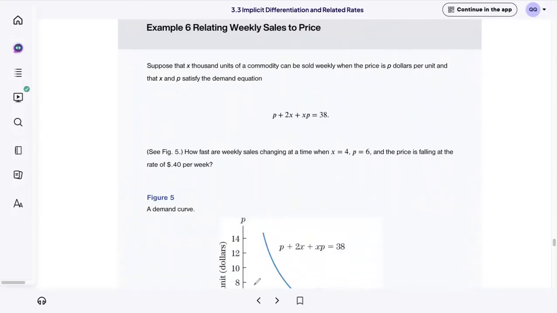Okay, let's see this example. Suppose x thousand units of a commodity can be sold weekly when the price is $p per unit. And that x and p satisfy the demand equation. So we have this relation, the demand, in terms of p and x, so we have this equation.